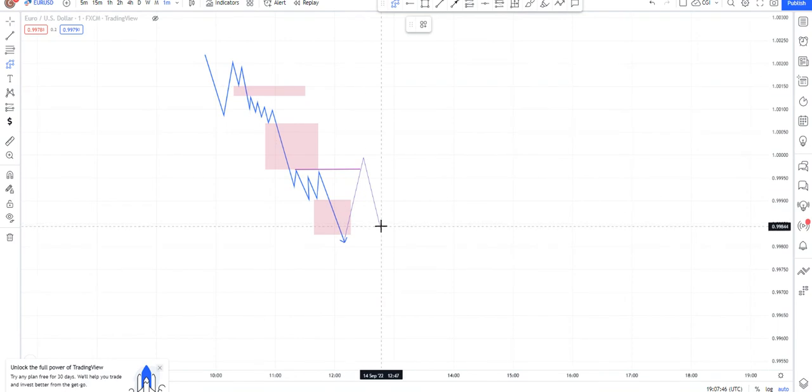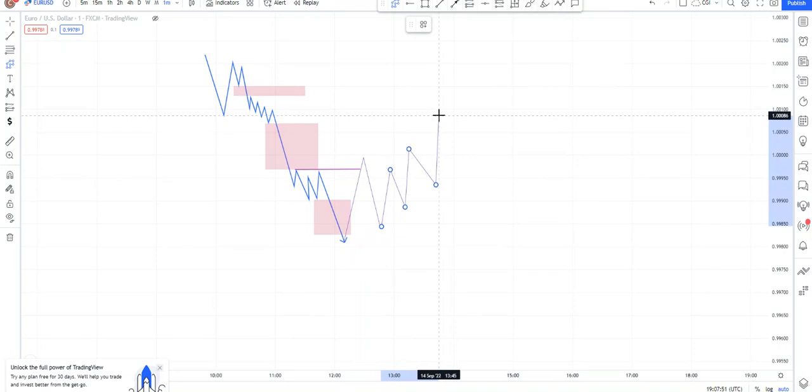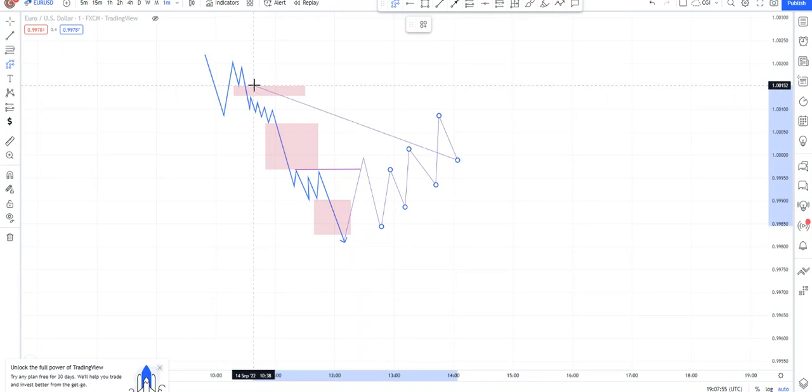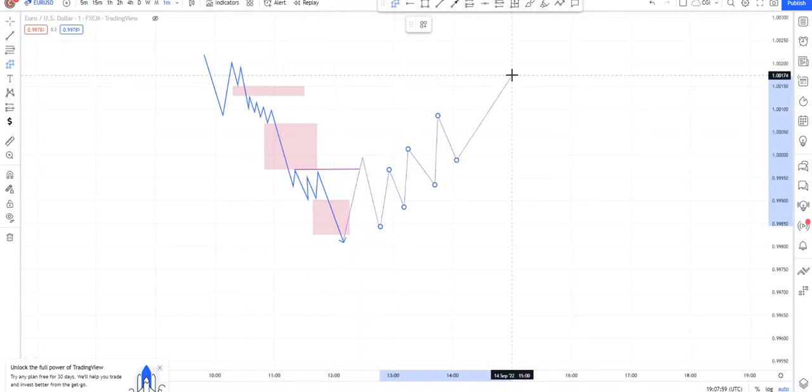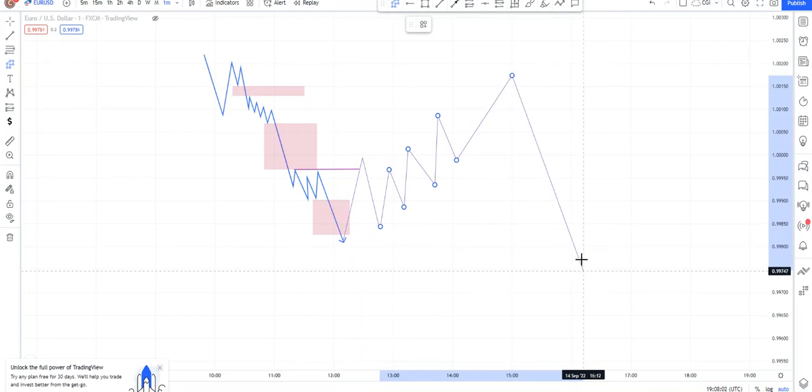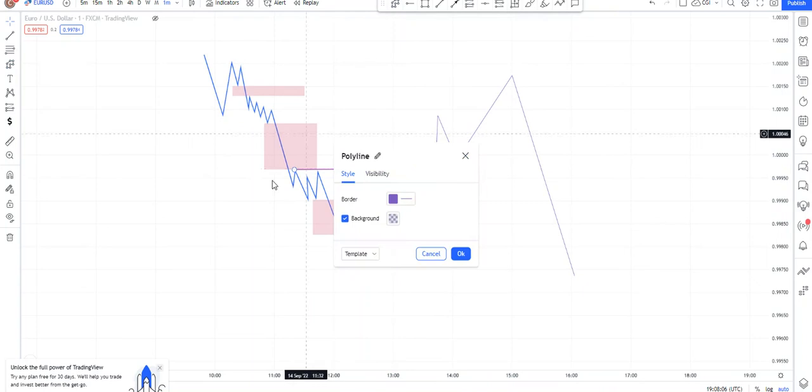I would expect something like this to happen. Price will climb, climb, climb till we get up here, closing all the imbalances, all of them, before we now continue to the downside. That will be my expectation in this kind of situation.